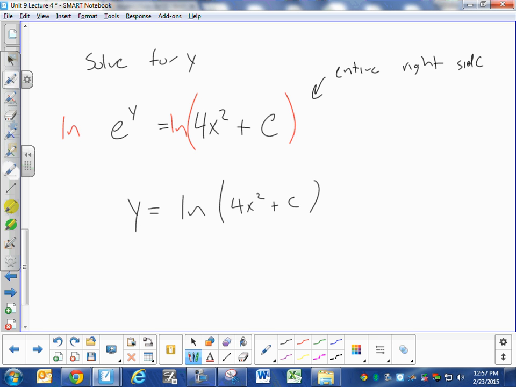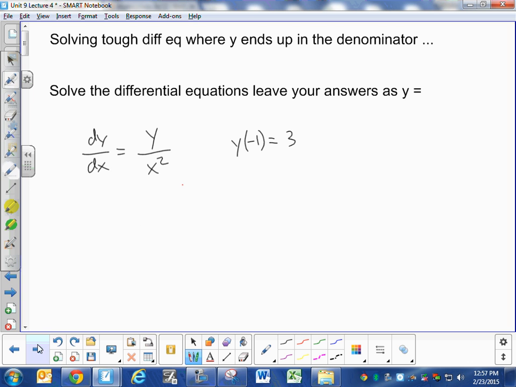The c is no longer outside or being added. Okay, so if we remember those properties, we're going to be good to solve these differential equations. We're going to want to solve them and leave our answers as a y equals equation. This is just a couple extra steps.